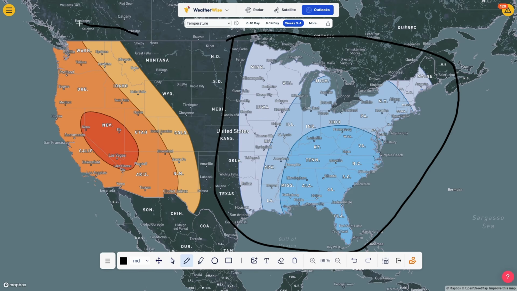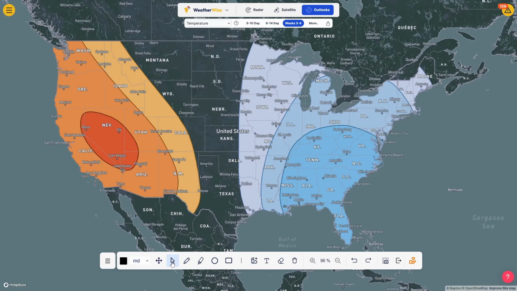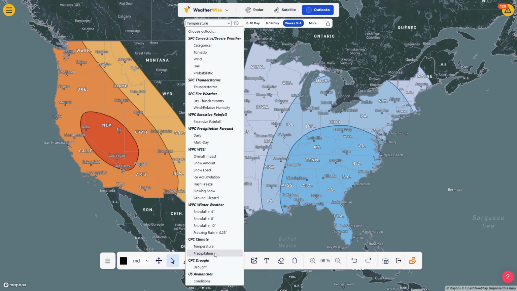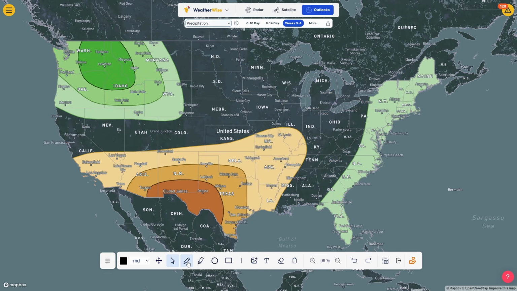And then again, above average temperatures are expected into the western US for that 3 to 4 week range there. And then finally, we'll look at our precipitation outlook for that 3 to 4 week range. And so once again, above average precipitation is expected for that 3 to 4 week range there.